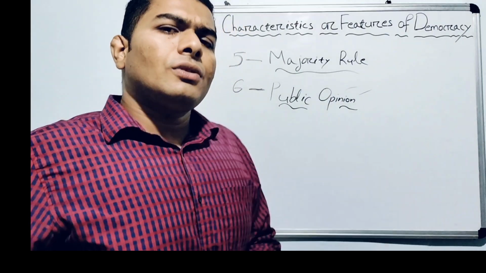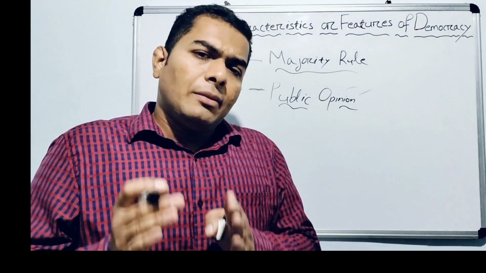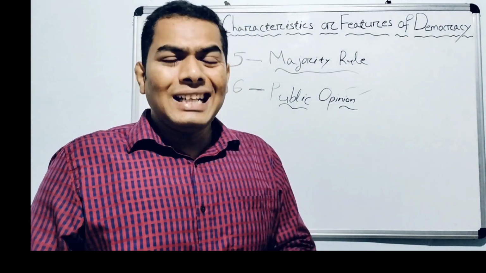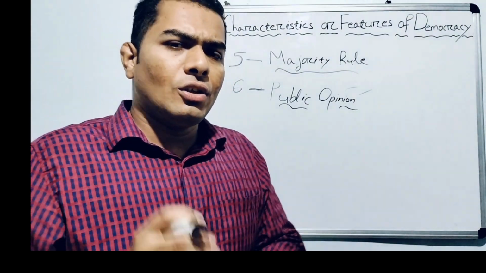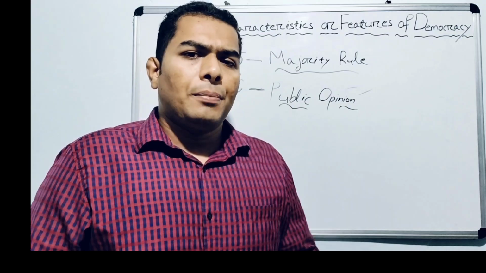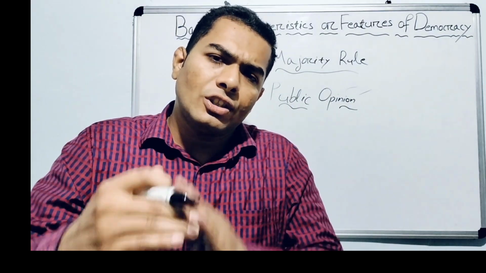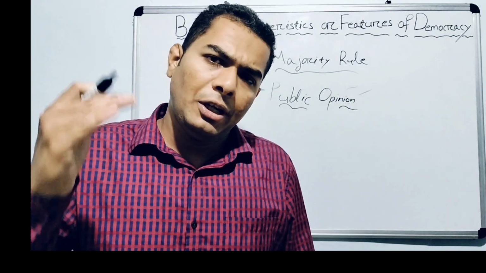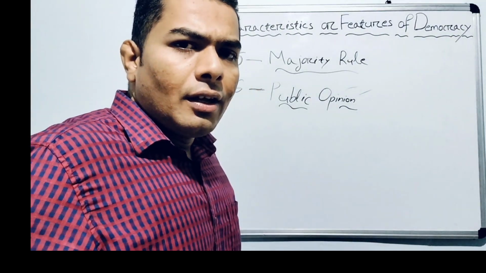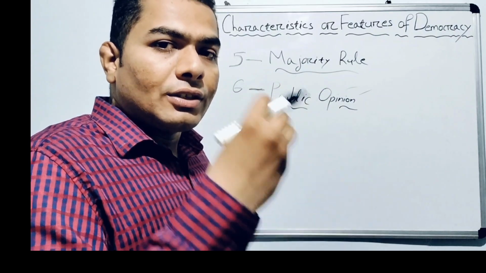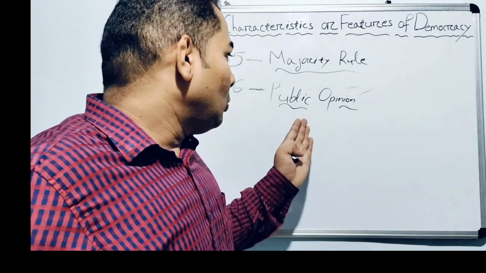And suppose the government has made some rules and regulations that are not in favor of the people, or the people are not satisfied with them. In this case also the government cancels those rules and regulations, so that the people will become happy.